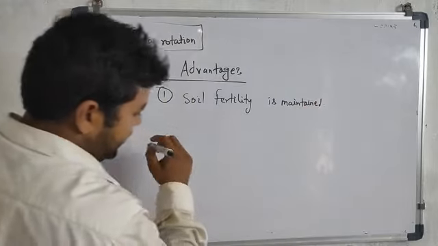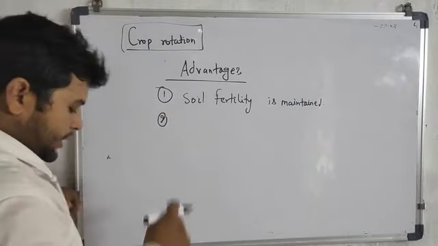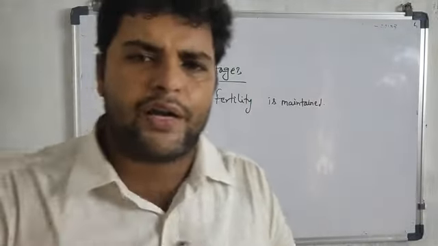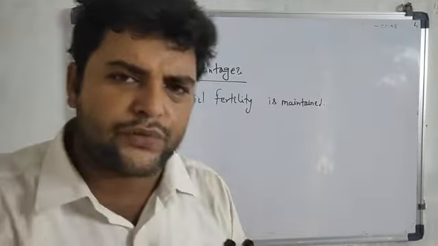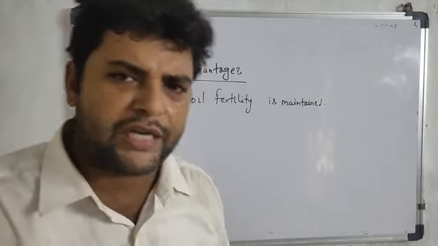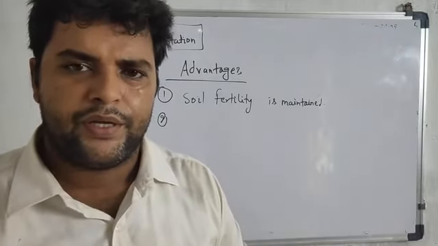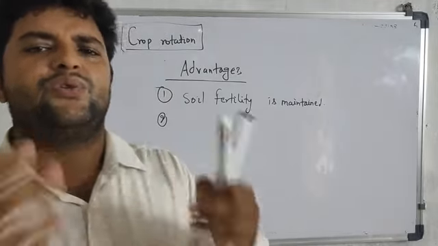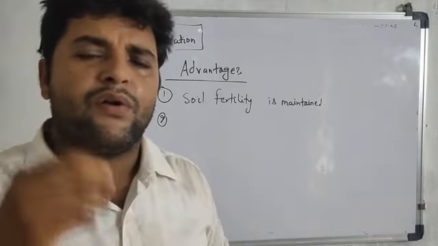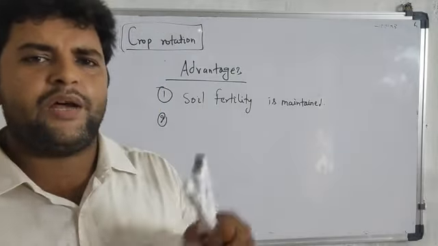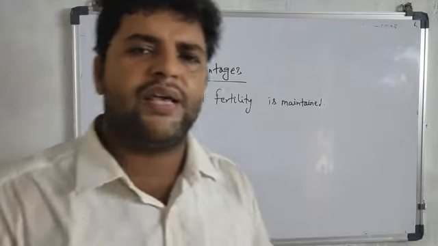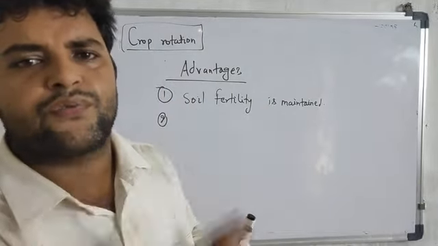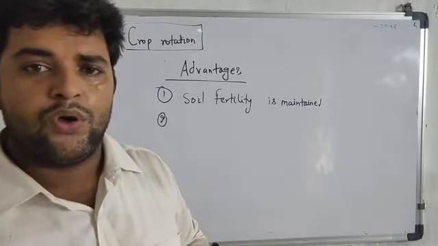Okay, the next thing. Whenever any particular nutrient, for example phosphorus or potassium, is depleted in your land, then we usually apply fertilizers. As we have discussed, fertilizers are rich in NPK, nitrogen, phosphorus and potassium.